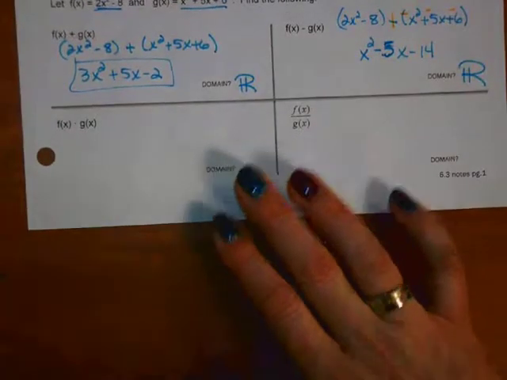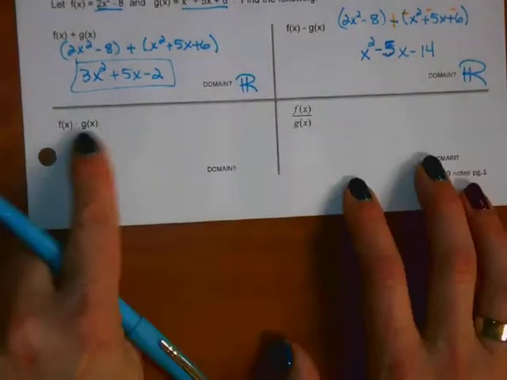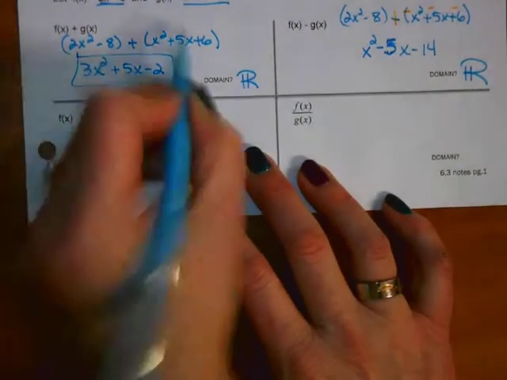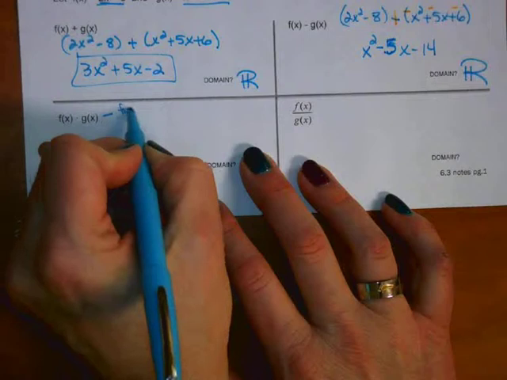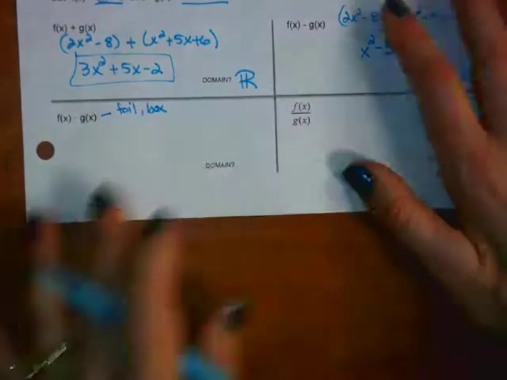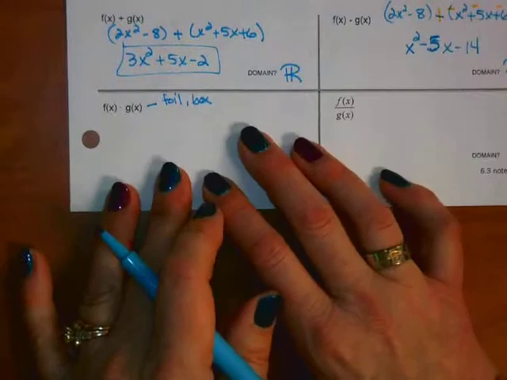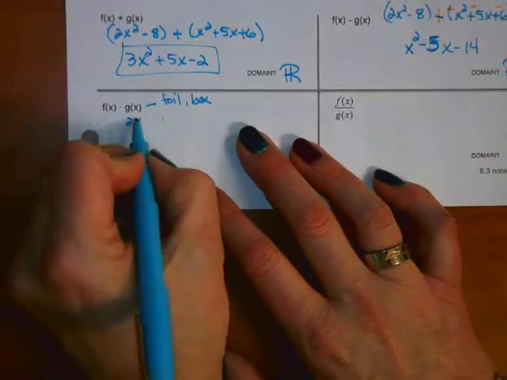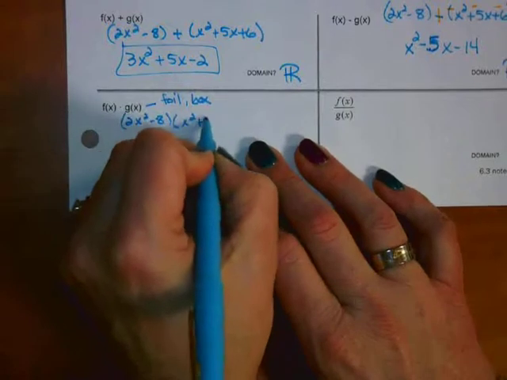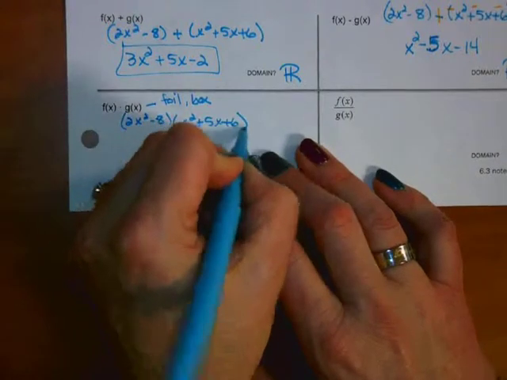Okay, don't write too big. And what's this saying to do now? You just multiply, and when you multiply a binomial and a trinomial, you can FOIL, you can box, you can go up and down, you can do anything. So I'm going to write them out. 2x squared minus 8 times x squared plus 5x plus 6.